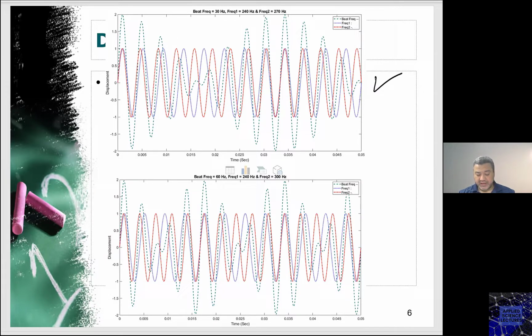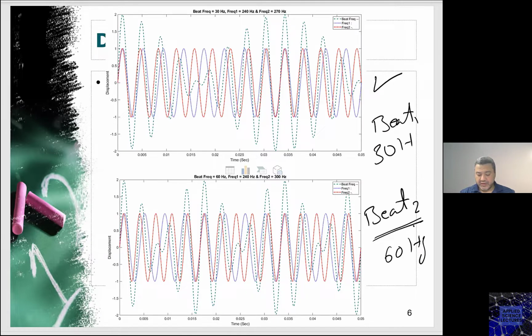In the second case, I have 240 for the first and 300 for the second. So the beat in the first case is less than the beat in the second case. The beat in the second case is 60 hertz. Here the beat is 30 hertz.